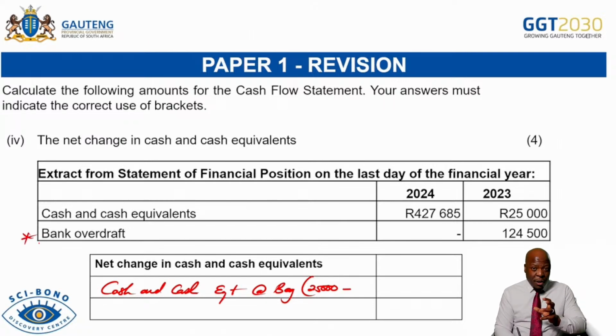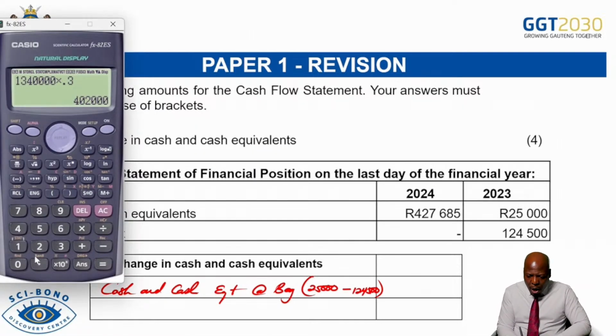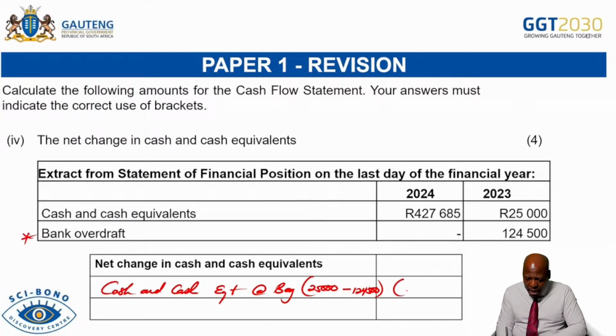So watch out for the overdraft. This is where the examiner would try to throw you off balance, which is 124,500. On my calculator, I will say 25,000 minus the 124,500, and that's going to give me a negative 99,500.